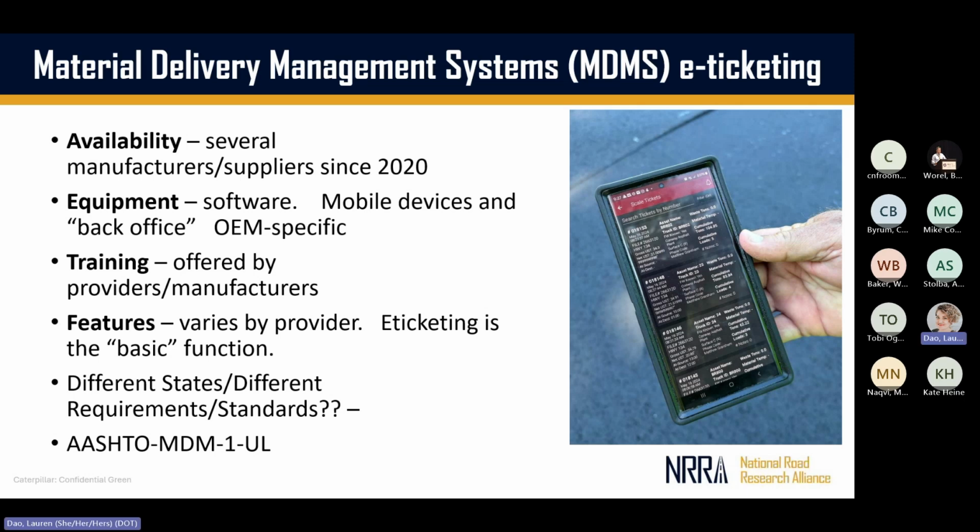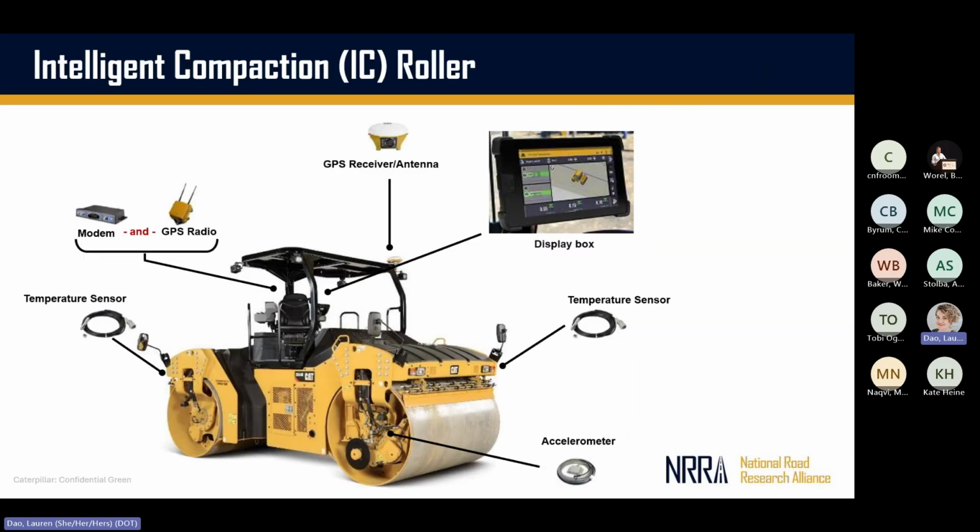Yeah, and I think the features, again, e-ticketing is kind of the basic feature, and then there's a lot of additional features depending on the manufacturer or the supplier. Intelligent compaction rollers, I think a lot of us are familiar with those. There's a double drum asphalt roller, same basic technology except for the temperature sensors when it comes to a single drum or soil roller.